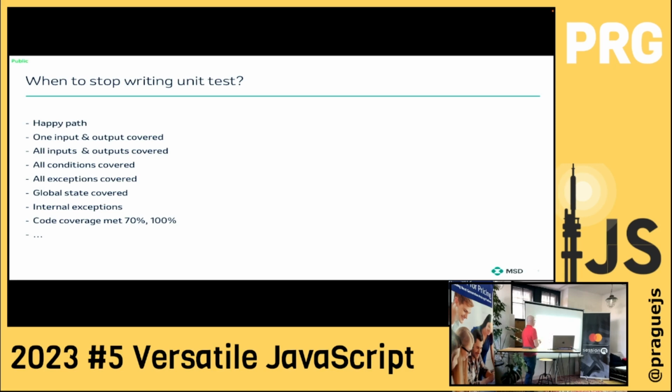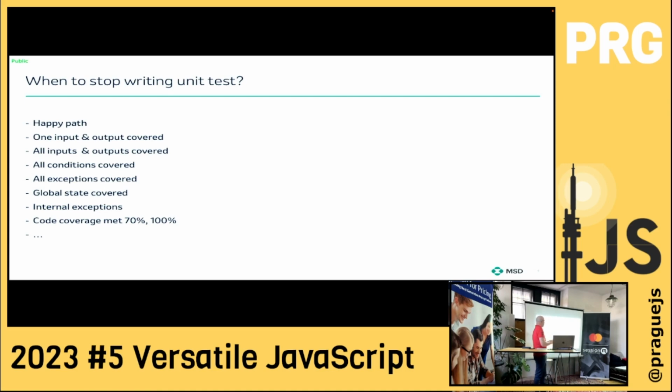Is it by covering all the conditions or exceptions, or do you test for the global state or internal exceptions, or the code coverage? How to decide when to stop? It's hard to assess, and you basically need code review for someone to tell you that you need to put in more tests or fewer, or that you covered enough.